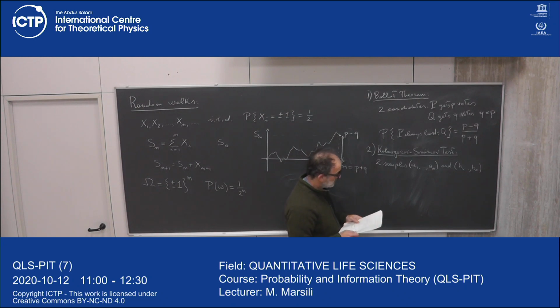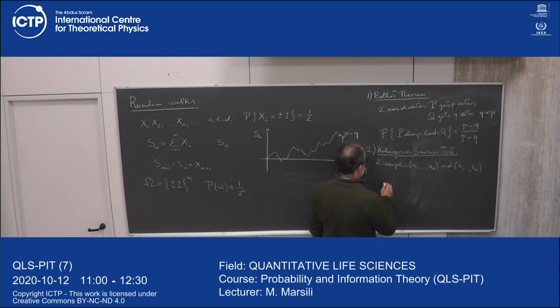So the idea of the Kolmogorov-Smirnov test is to build the following functions. Let's say that A of x is the number of i such that A_i is less than x.